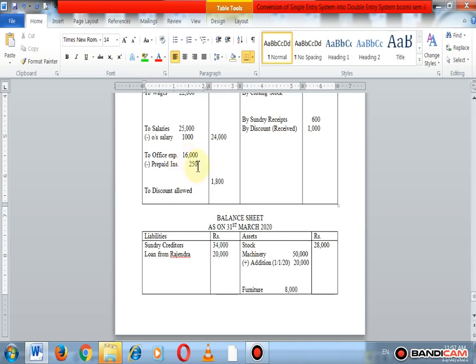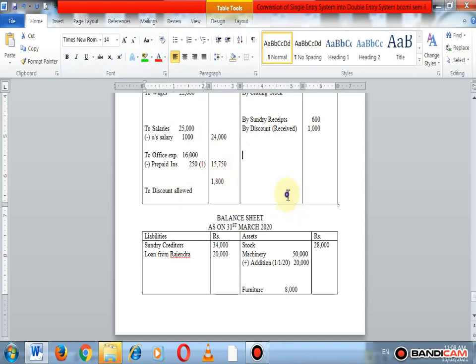So deduct the 250 from 16,000, the amount is 15,750. This is the first effect of adjustment number two.